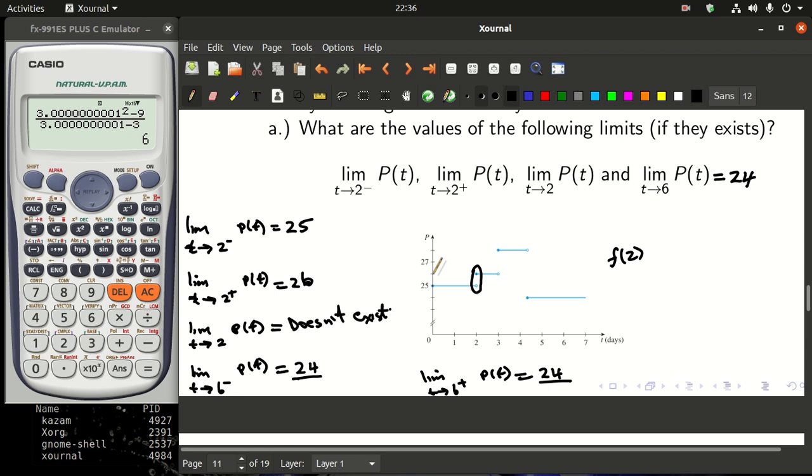So it is supposed to be 26. So f of 2 is equal to 26. So even though this function is defined when t is equal to 2 and it is equal to 26, we cannot say that the limit when t is equal to 2 is going to be 26, because these two limits are not the same. We want these two limits to be the same for the limit to exist at that particular point. But the function is defined.